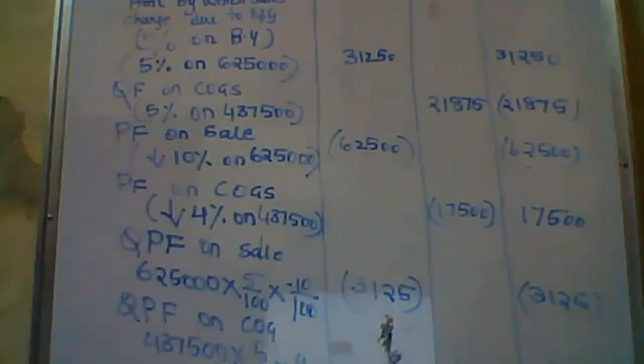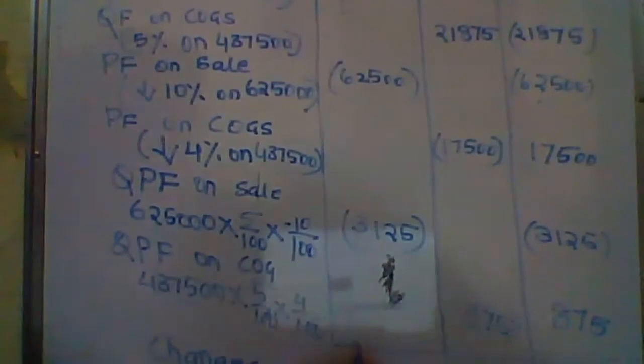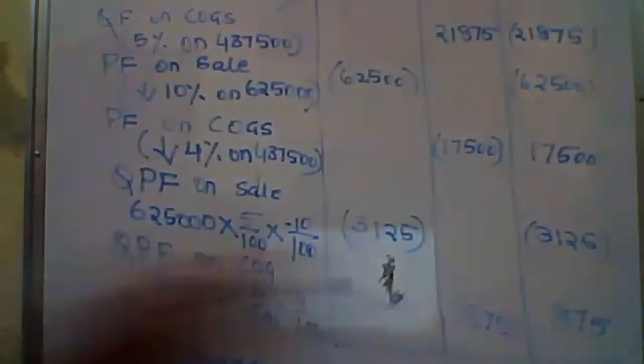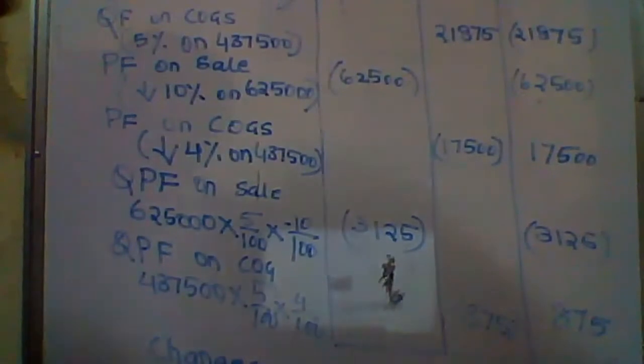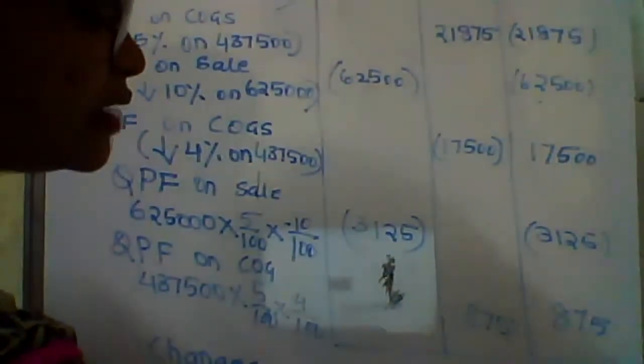Now add up. You will get the final changes. So final changes will be 37,875 minus 30. 37,875. अच्छा, this one final gross profit बता रहा है. Yes, ma'am. 37,875 minus gross profit. You should tell sales also, cost of goods sold also.